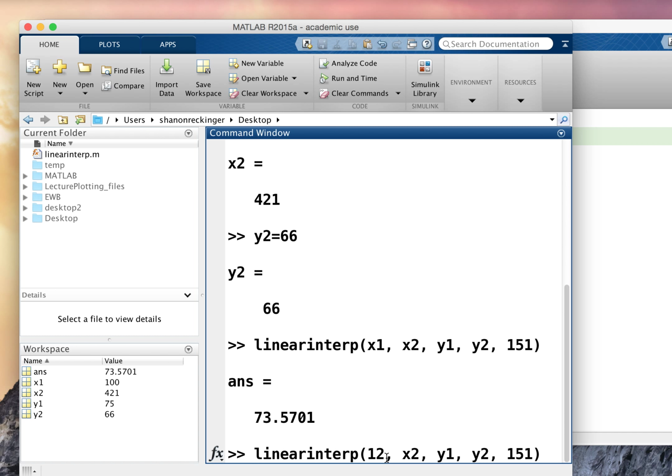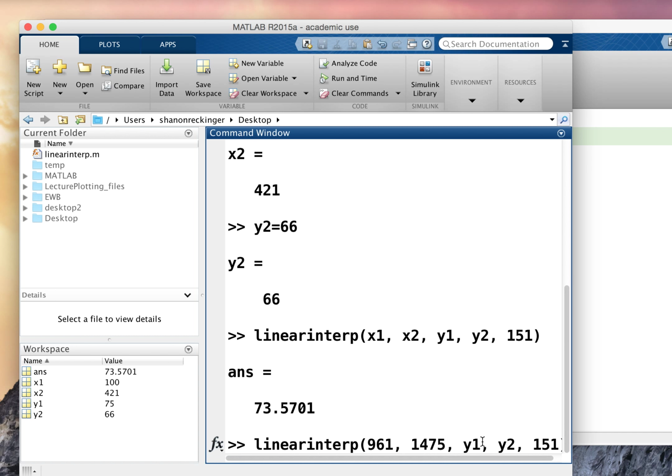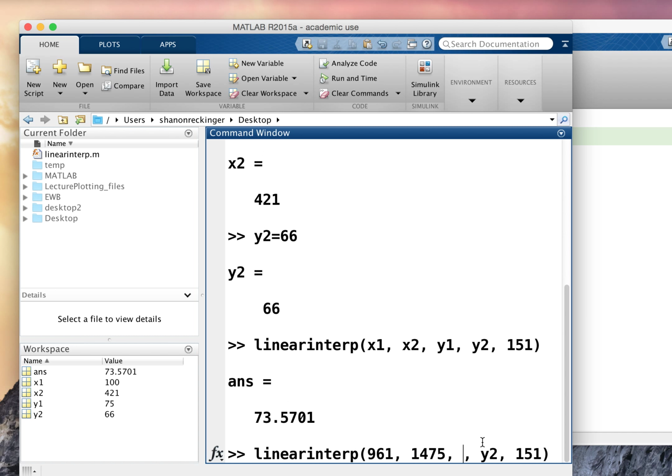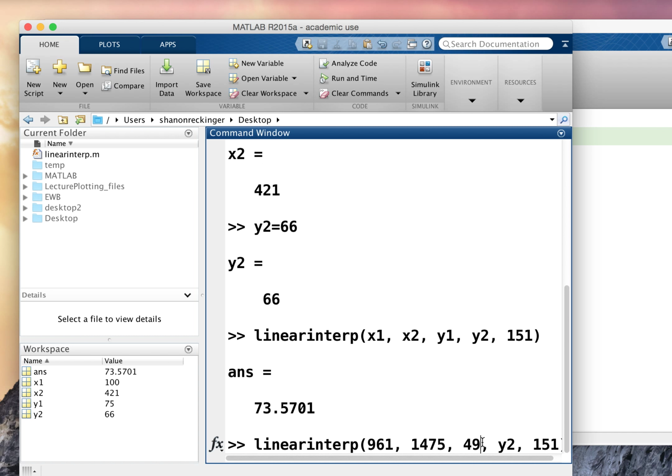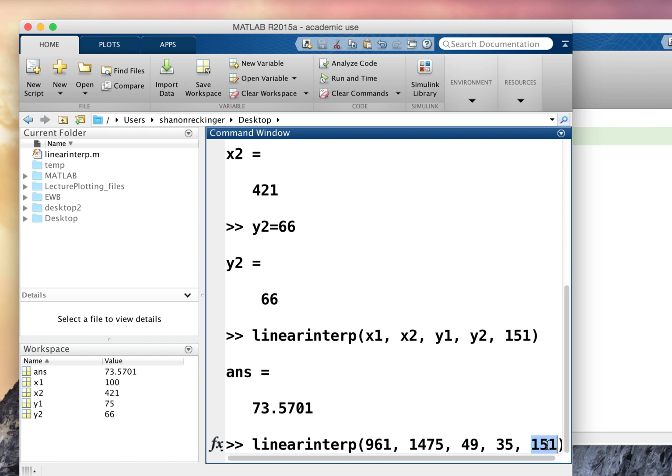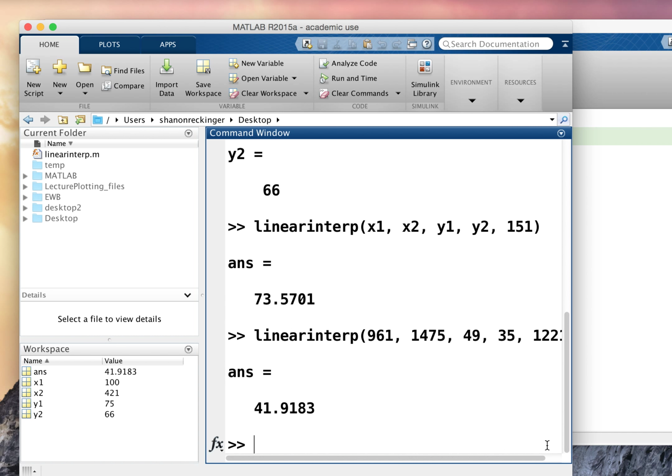What's the one on your right? 961. And what's the one on your left? 1475. And what's the y on your right? 49. Y2 is 35. And then what's your x value? 1221. So he is at 41.